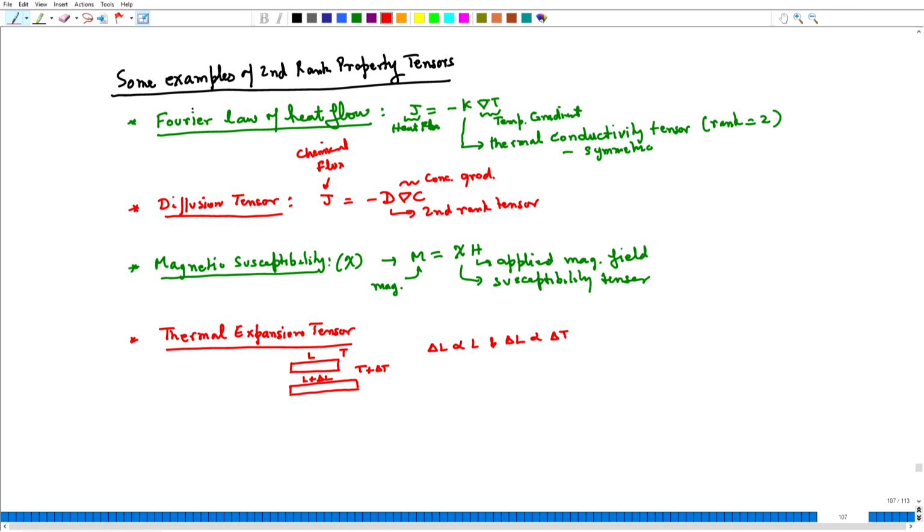So, we can define linear expansion coefficient alpha, which is 1 upon L, delta L upon delta T. Now, it is not that expansion will take place only in one direction, expansion takes place in all directions.